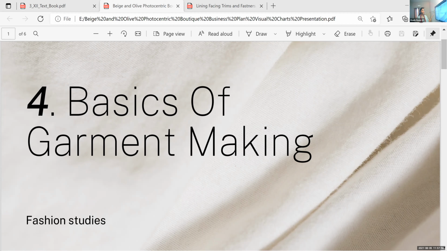Now, in this chapter, we will try to study how to develop this cuff, sleeves, and other simple body parts.